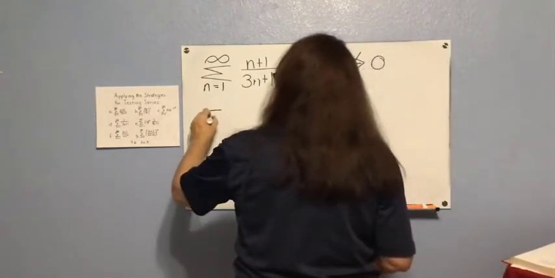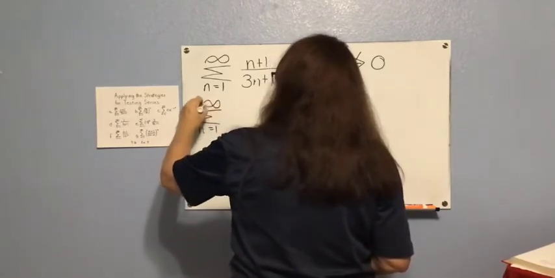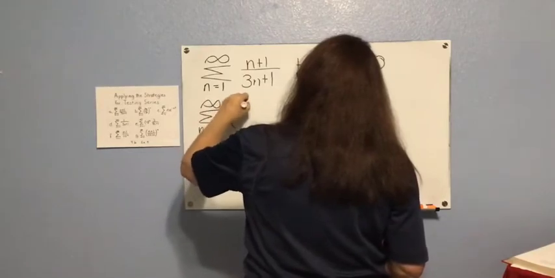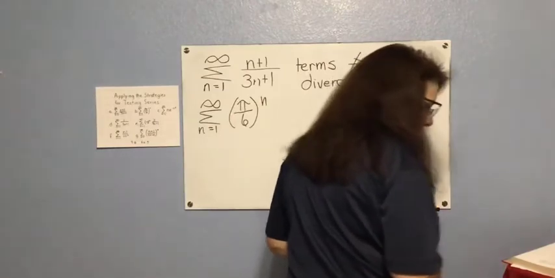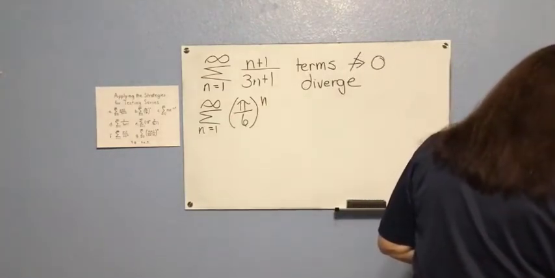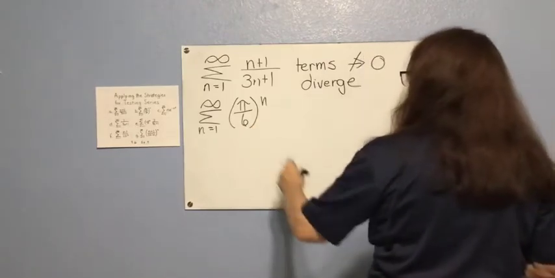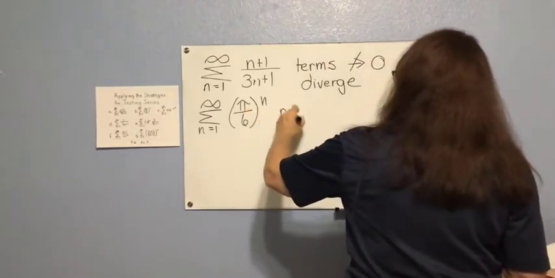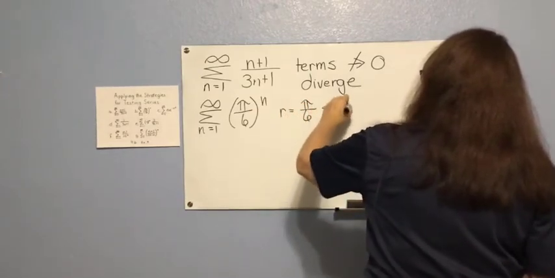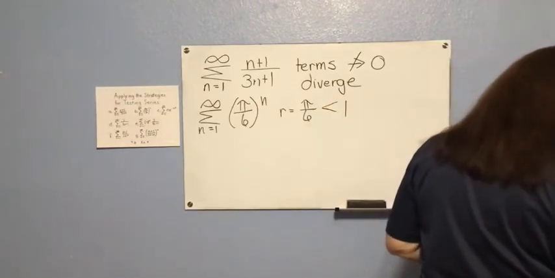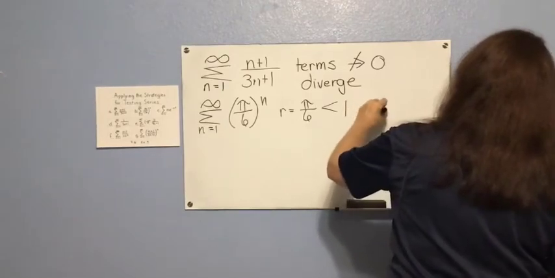So that one wasn't too hard. Okay, so this is a geometric series, and the ratio is pi over 6, which is, of course, less than 1. So this one converges.